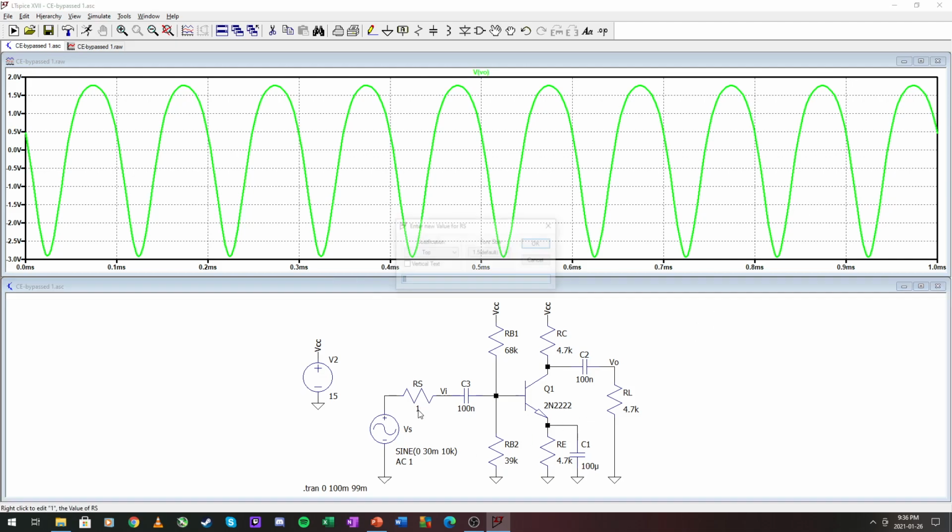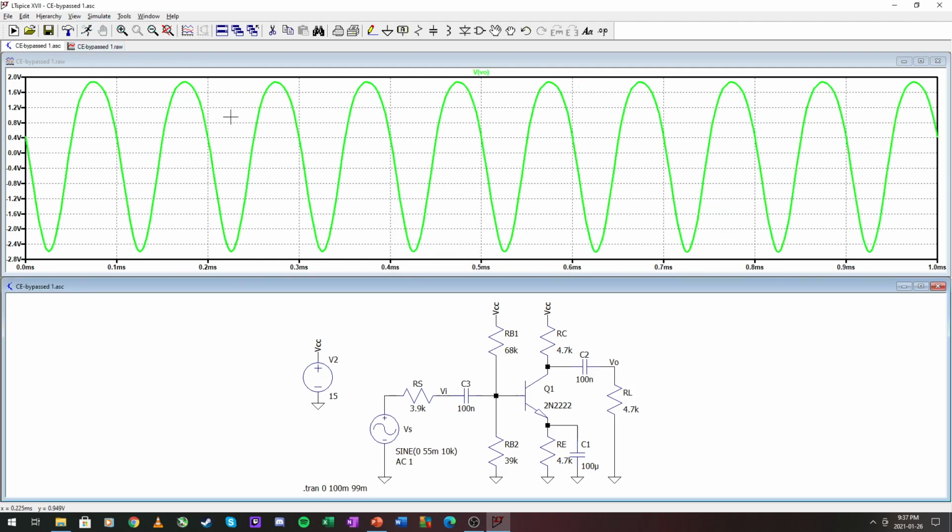Right, next one is adding our RS. And this is, what was it again? 3.9 kilo ohms. And our VS value was 55 millivolts.